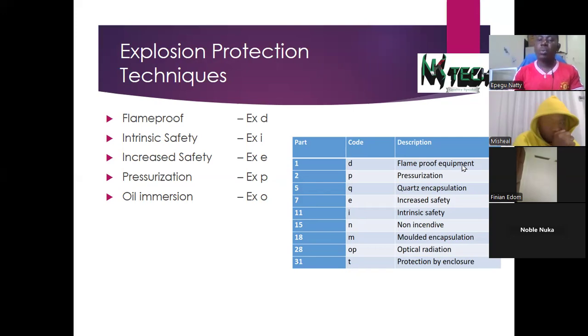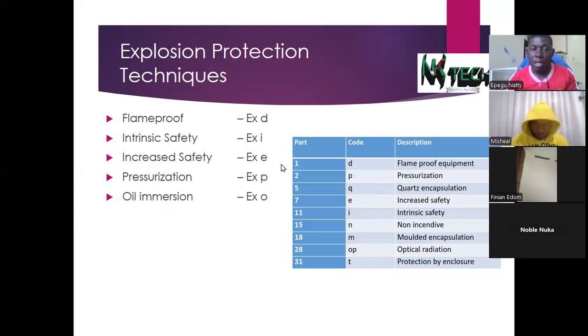So it means the equipment is flame proof. And then the i stands for intrinsic safety. The e, if you see e, it means increased safety. So the e stands for equipment that has an increased safety ability. And then if you have p, it means the p is for pressurized region. So it means you can use this for something like a boiler that has high pressure.